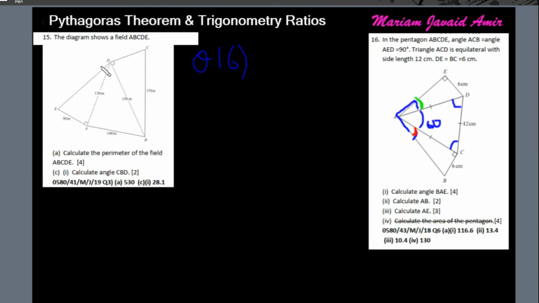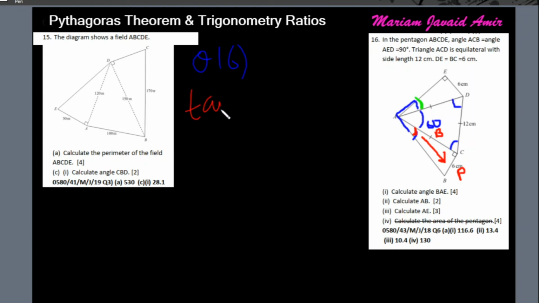So I need this angle and this angle. For the angle in red, I'll consider this triangle. This is the base, no, this is the perpendicular. Perpendicular is the side opposite to the angle we're trying to find. This is perpendicular and this is base. So which trigonometric identity uses base and perpendicular? That's tan.